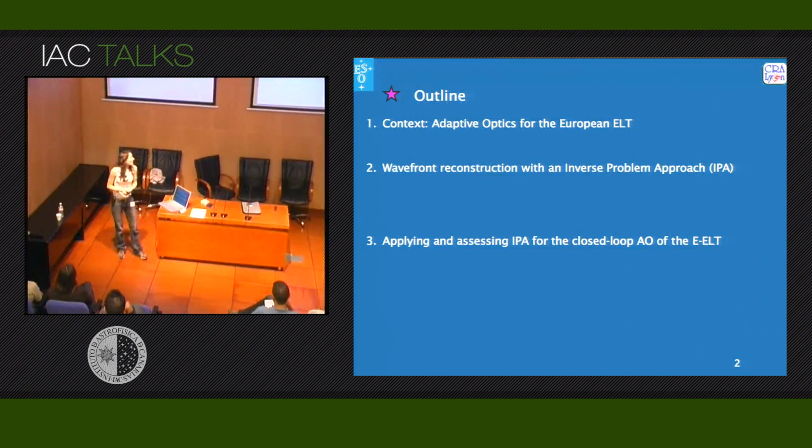And I will show you some results we obtained with the wavefront reconstruction algorithm, and also trying to simulate a full closed-loop adaptive optic on a very large telescope like the European ELT.